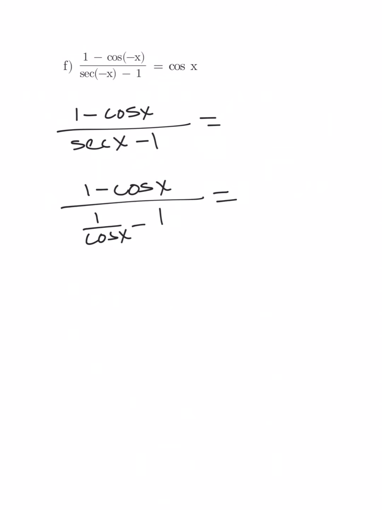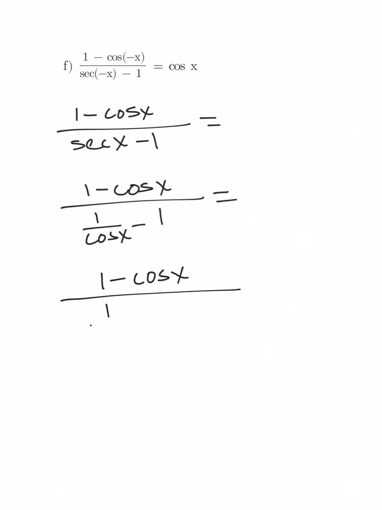When you are subtracting and you have one term that's a fraction and one that's not, you have to create a common denominator. So our numerator of this fraction is just going to stay 1 minus cosine of x for right now.